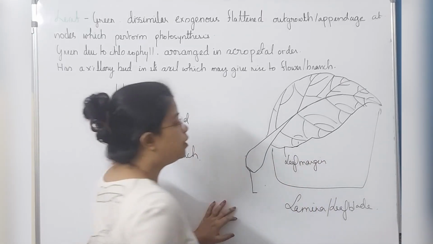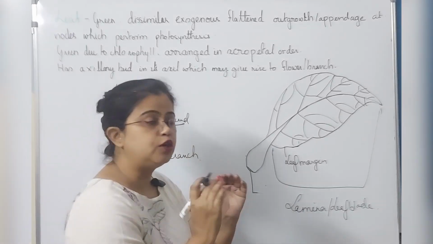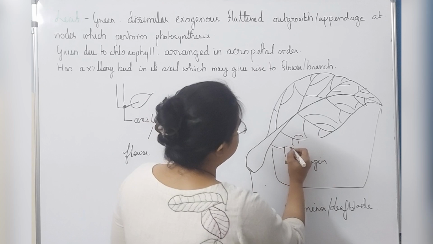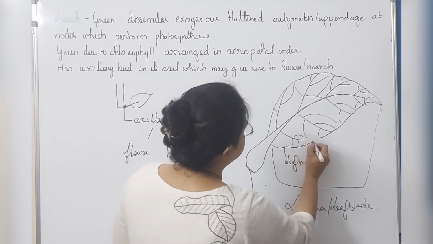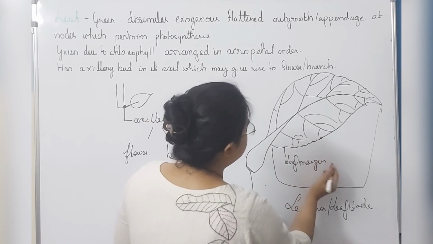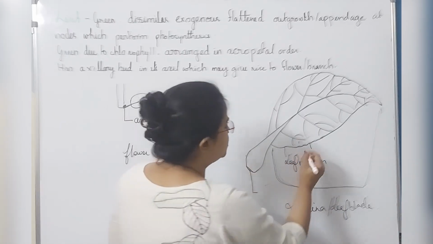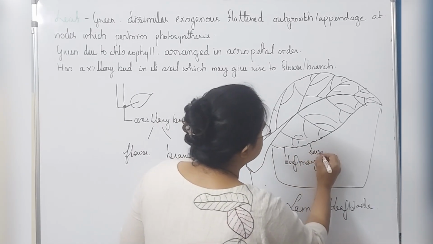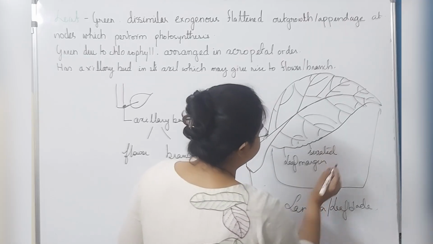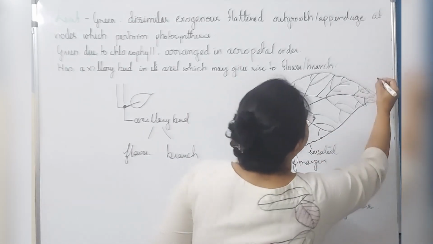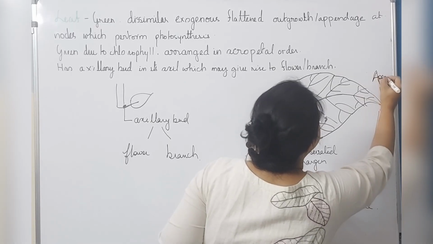Okay? अब leaf margin can be straight, no cuts, no incision, or it can show some incisions. ऐसा अगर देखने को मिलता है, then the margin is called serrated. With this part, the point at the last end is called the apex of the leaf.